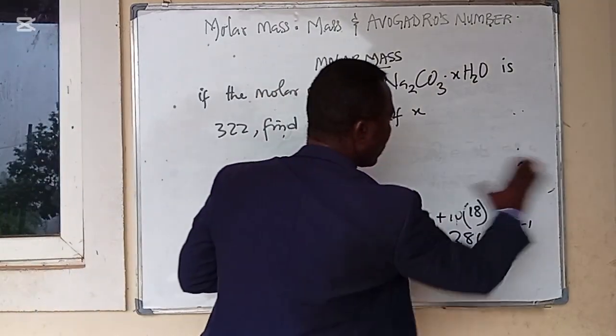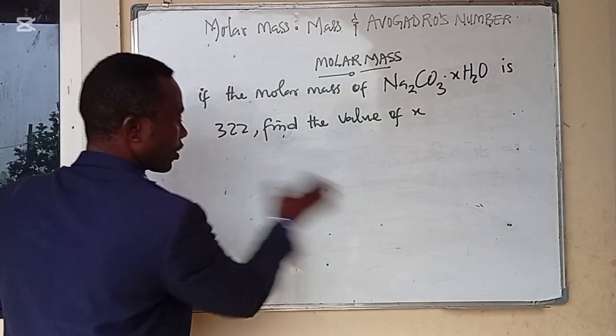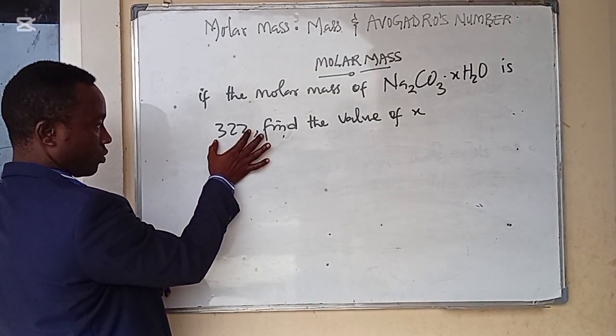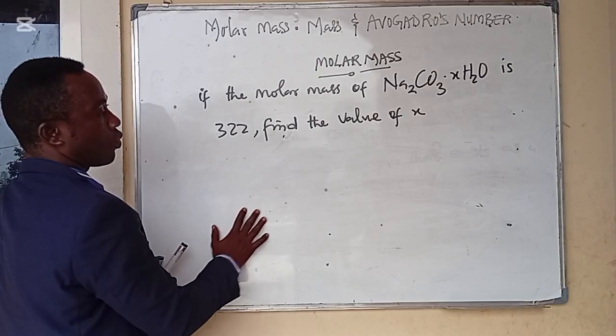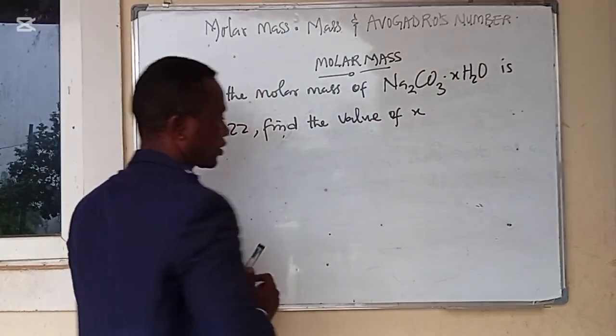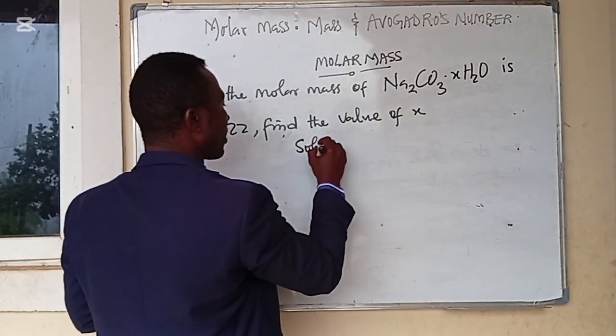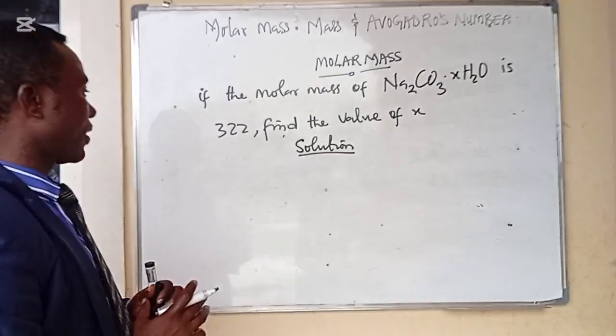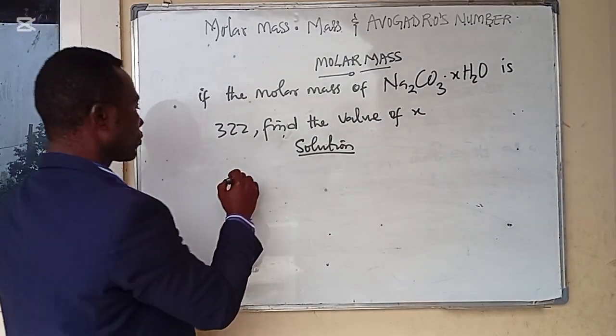Now in this case, we are given the molar mass to be 322. We are looking for the value of this x. Now as a solution, it will be easier for us to find it. How do we do this?